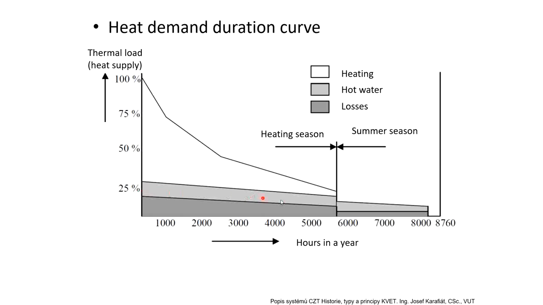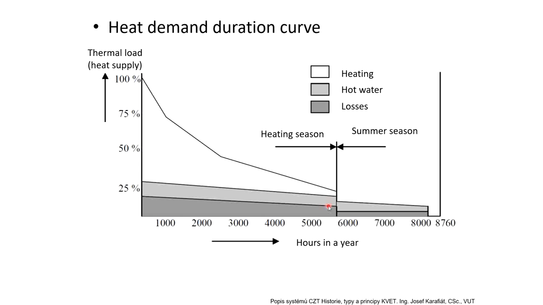The hot water is needed throughout the whole year, just a little bit less during the summer, and also the losses in the system are present, where in the summer you are just using the systems for hot water, typically being at constant temperature, so the losses are more or less constant.